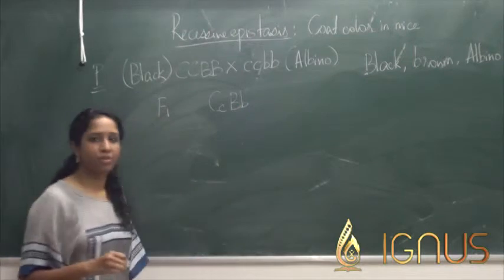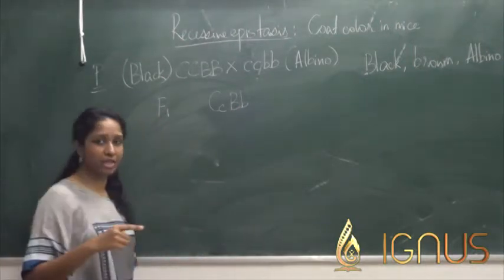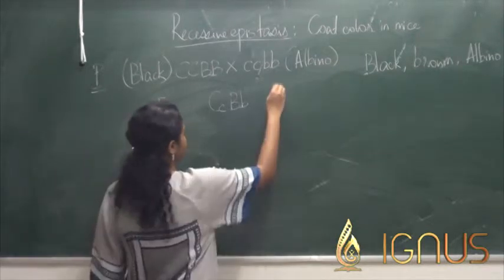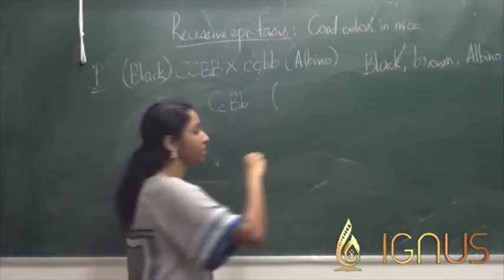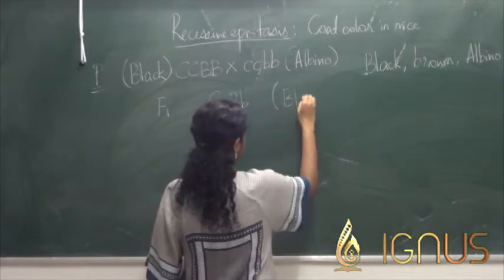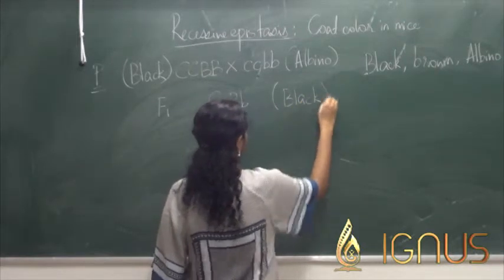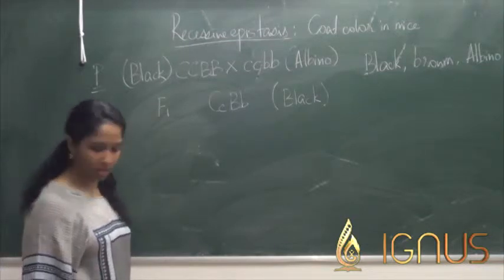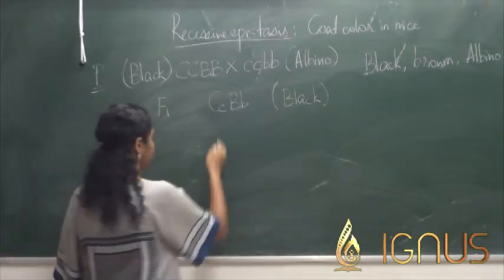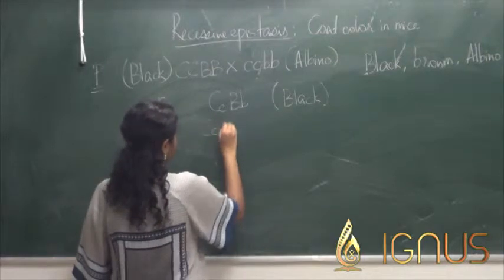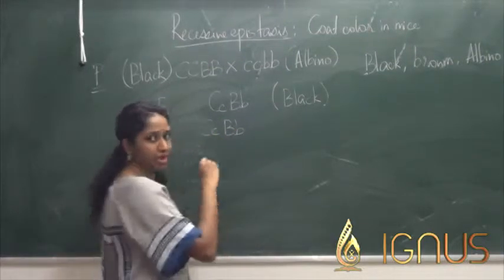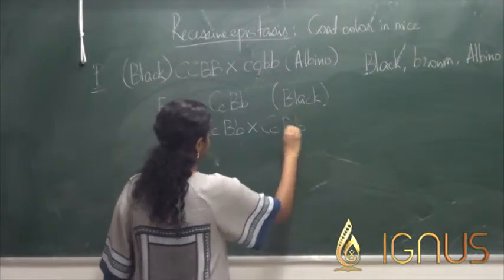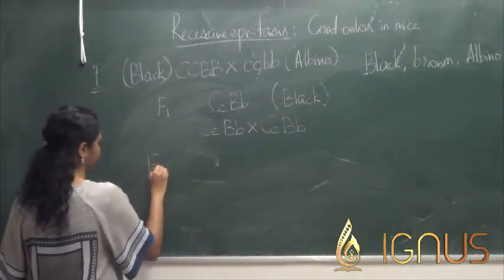So you have C heterozygous dominant and B heterozygous dominant. Therefore, this color is going to be black again. Now, if you do a selfing of the F1 generation, crossing the F1 with F1 is going to give you the F2 generation.